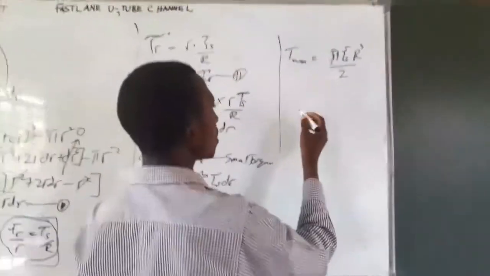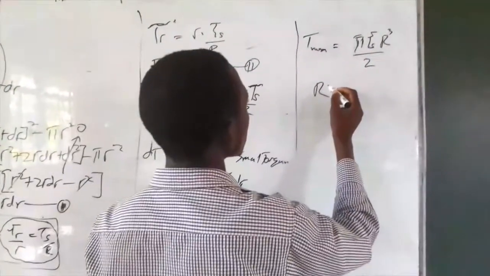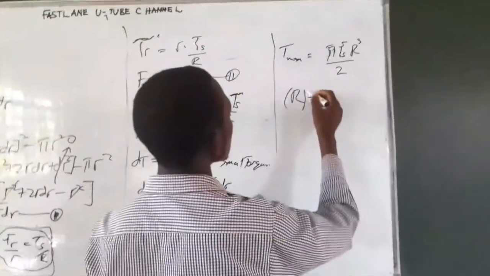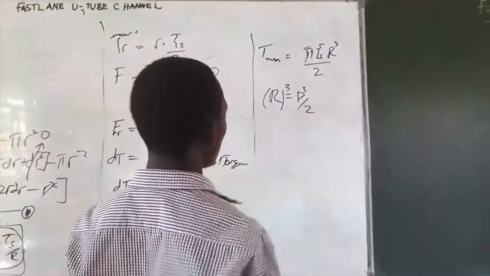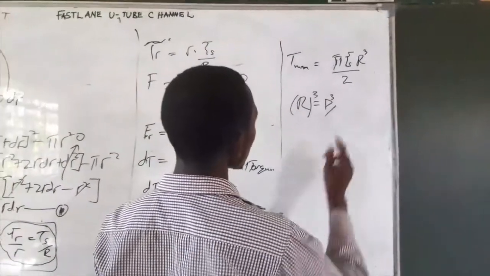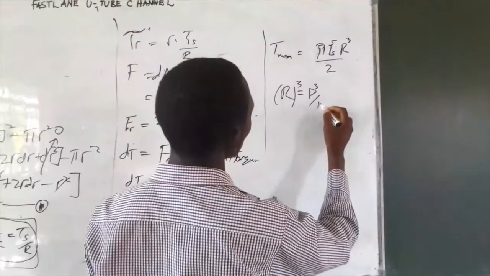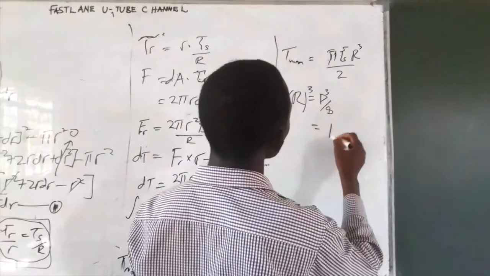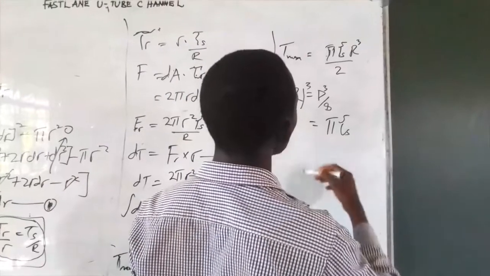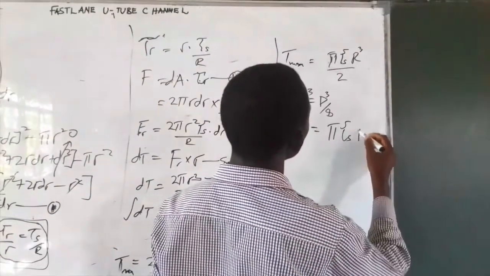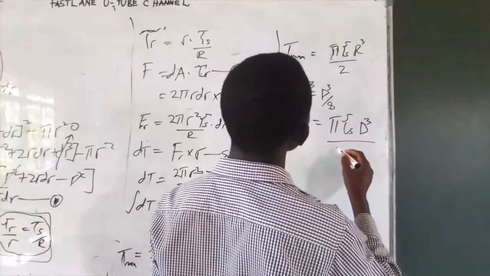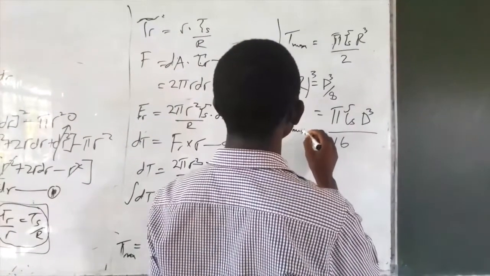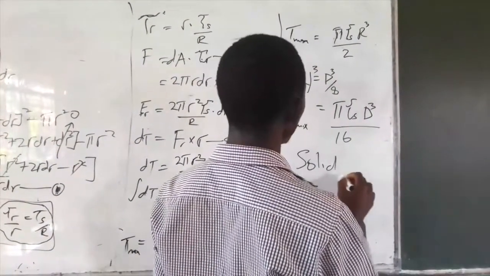We can substitute for R being equal to d over 2. Since it is power 3, this is d cubed over 8. Substituting for R cubed in the equation, this will be pi times the tangential stress times d cubed over 16. This is the formula for the maximum torque for the solid shaft.